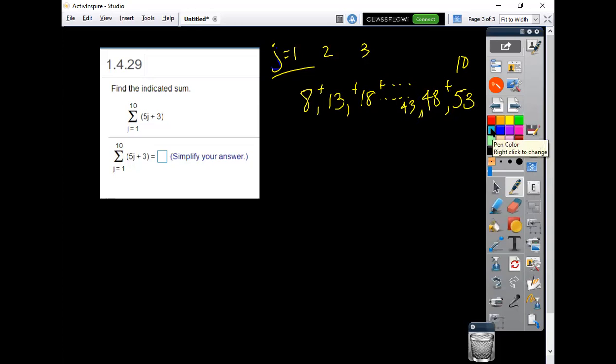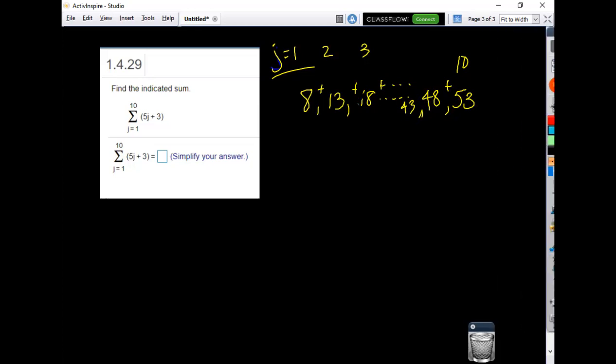If we write all these numbers down in reverse order, with the 53 over here and the 8 over there, 48 here, 13 there, 43 here, 18 here, and you add up the numbers above and below each other, what do you get? You see there's 61 every time.